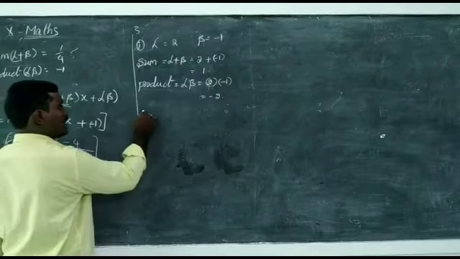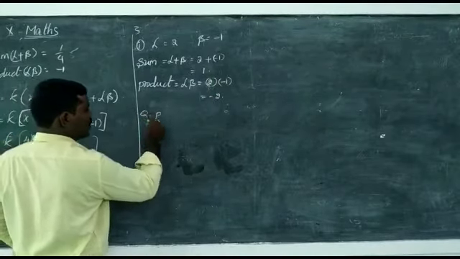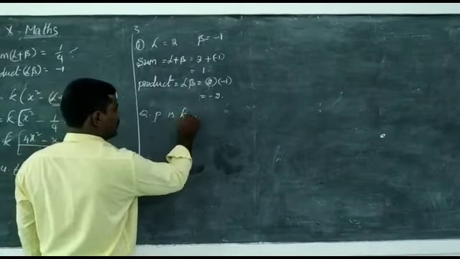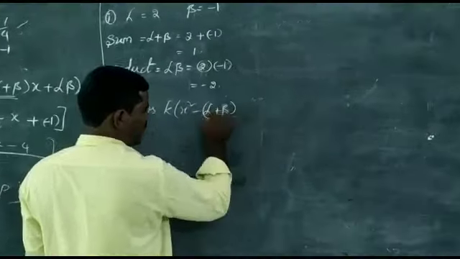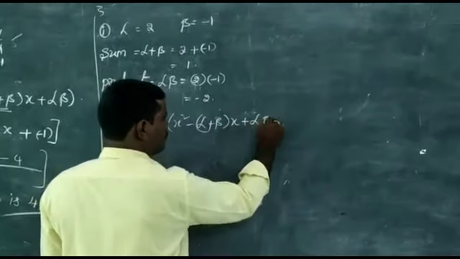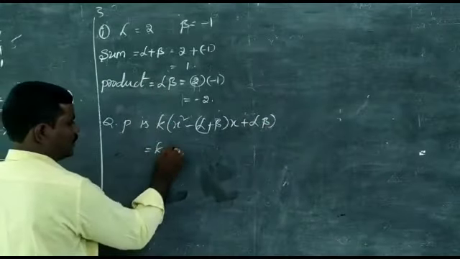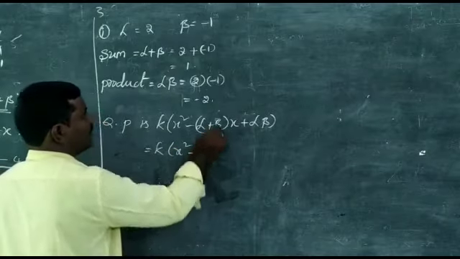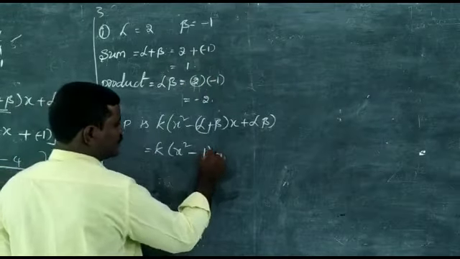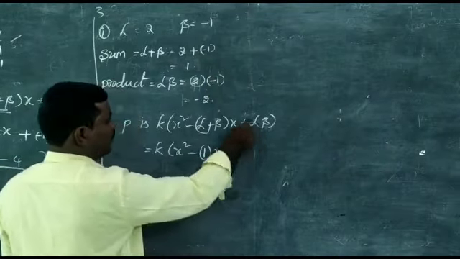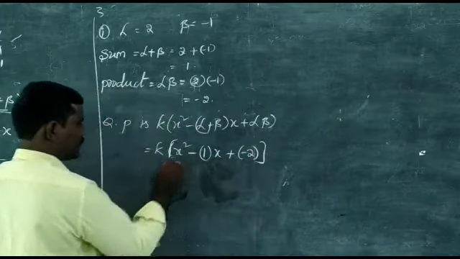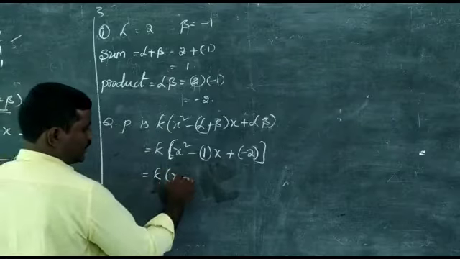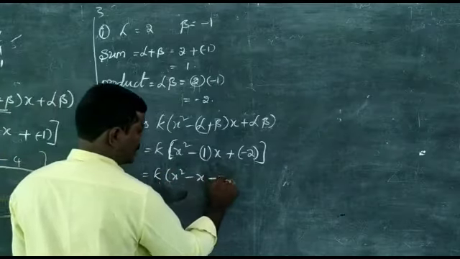Now as before, the quadratic polynomial is some k into x square minus (alpha plus beta) into x plus alpha beta. Now k into x square minus 1 into x plus alpha beta, minus 2. Now k into x square minus x minus 2.